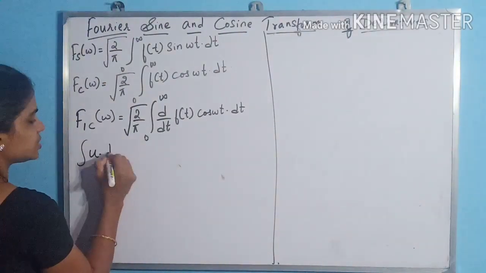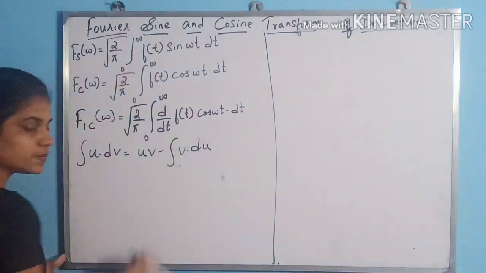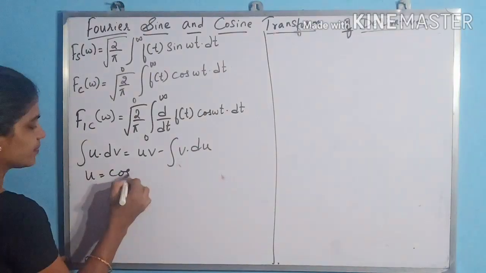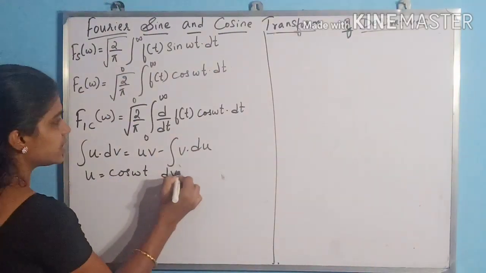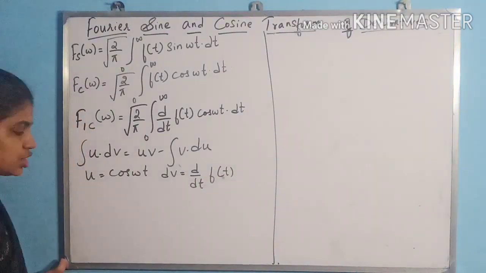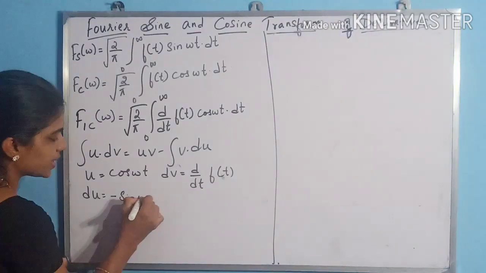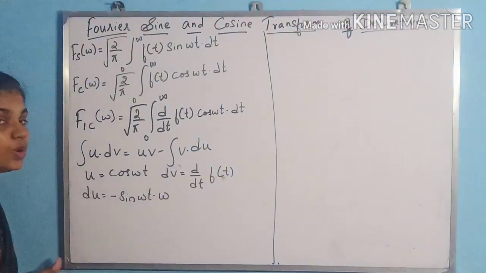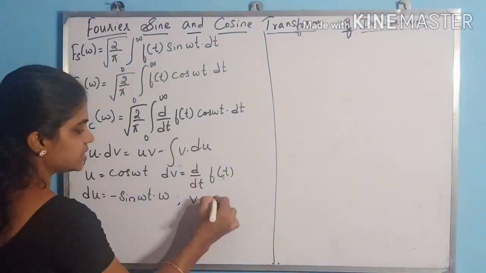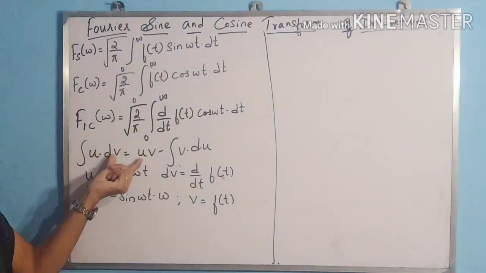Integration of u into dv is equals to uv minus integration v du, where u here is cos omega t and dv is d by dt of f of t. So what is du? Du is minus sine omega t into omega, right? And what is v? It is f of t. Substitute in this formula.